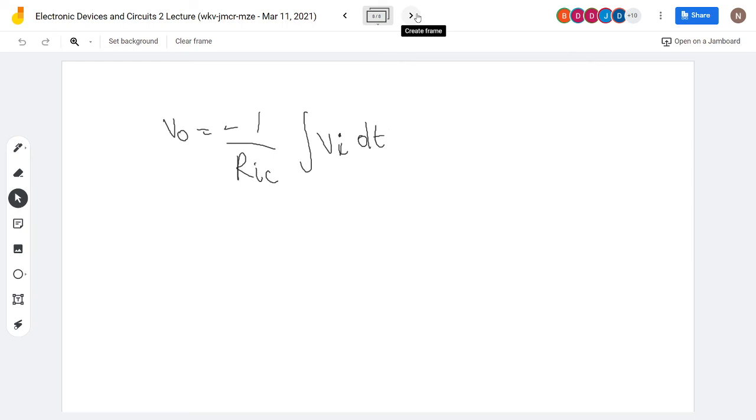The value of R is 10K and the value of C was 1 times 10 to the minus 9 farad, or 0.001 microfarad, or 1 times 10 to the minus 9 farad. Somebody can write that for me?